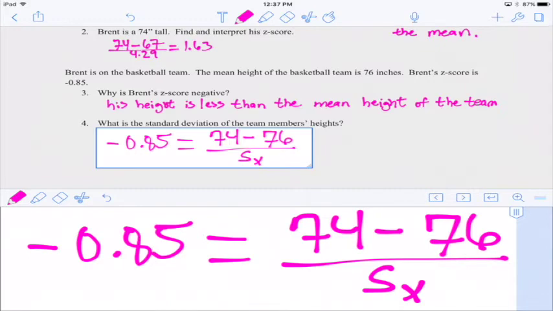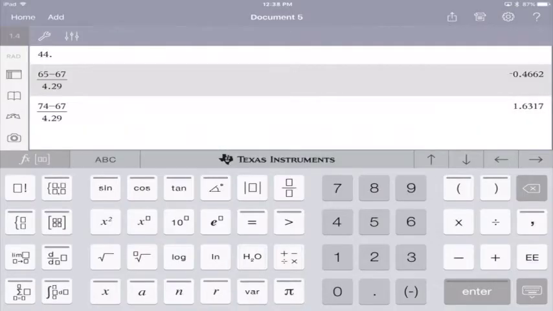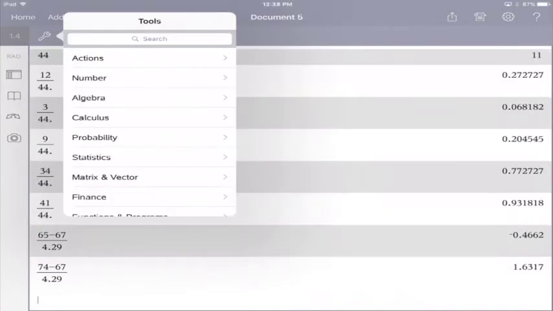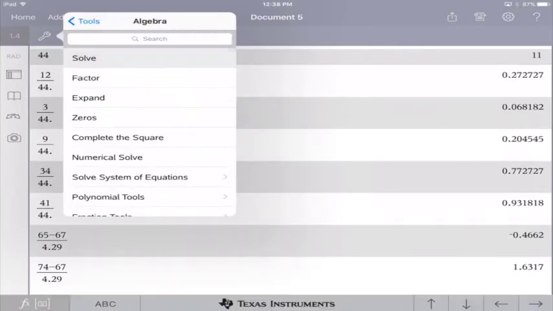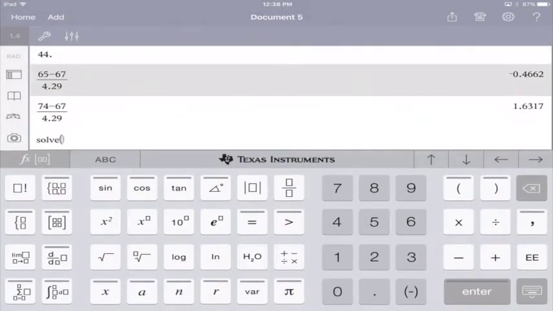I don't care that you could solve this. If you hit menu and you go to algebra, solve, your calculator will solve this whole equation for you.